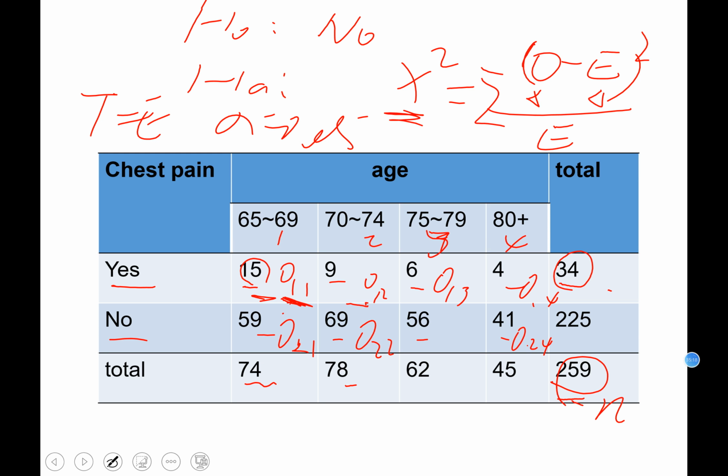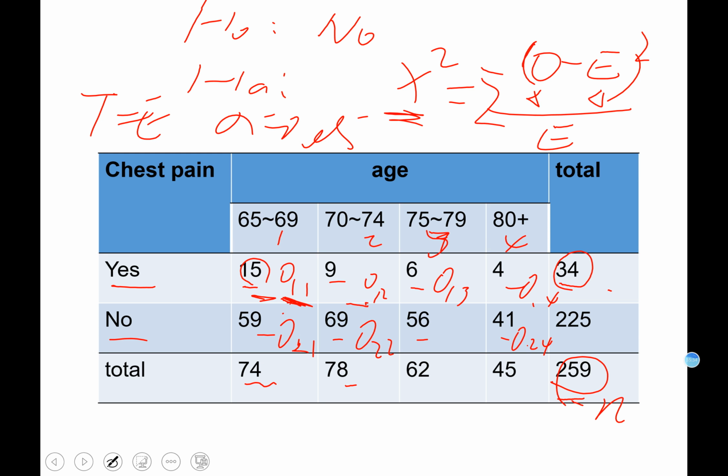And in step 3, we need to compare the chi-square value with the critical chi-square value, or I can say to compare the chi-square value with the standard chi-square value.